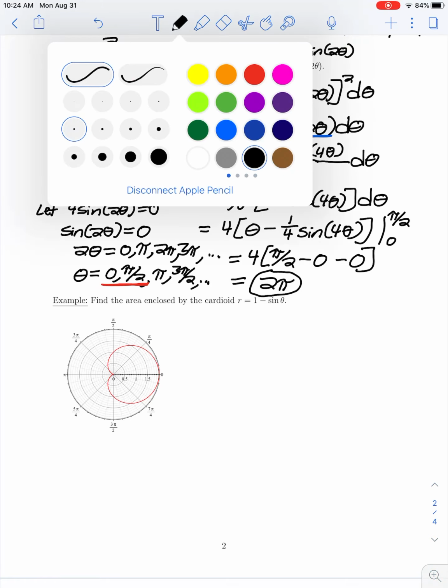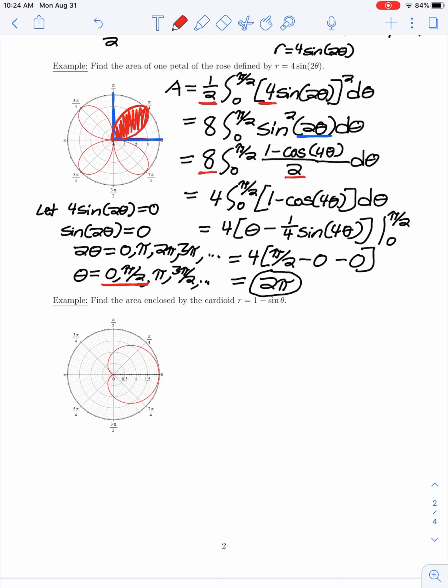Now we had seen in our last section, where we were sketching polar curves, that this full cardioid is traced out over the theta interval from 0 to 2 pi. So we're going to integrate from 0 to 2 pi here.